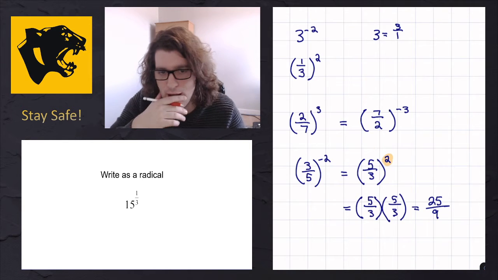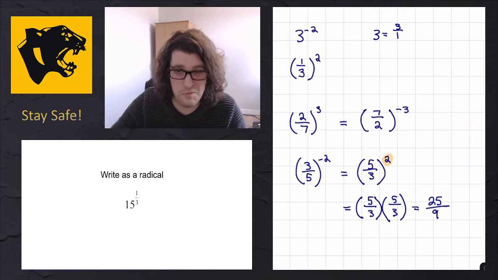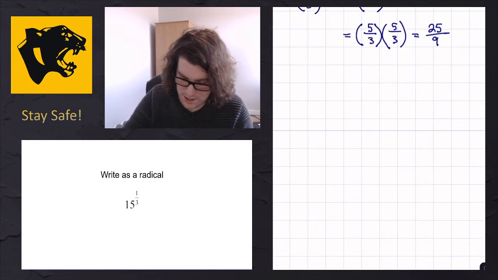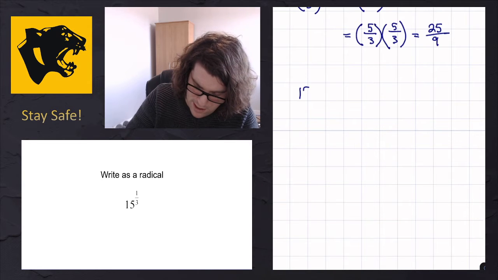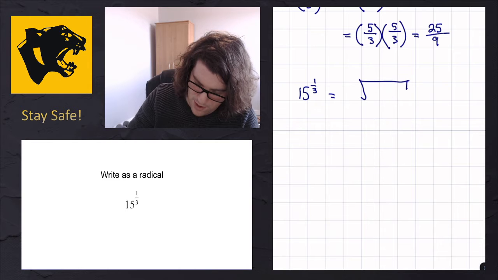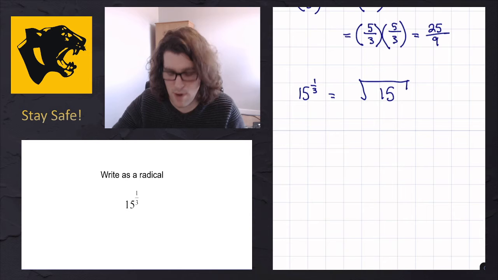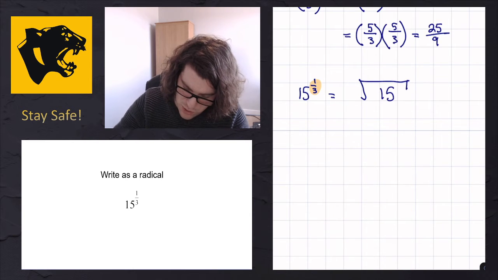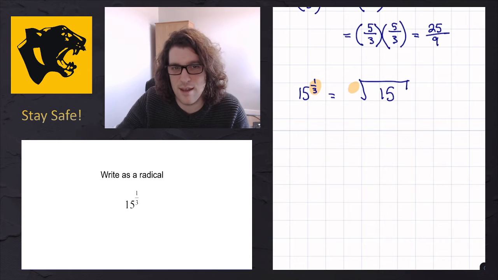So this one is asking us to write it as a radical. We won't be using that a whole lot right now, but that's okay. It's worth taking just a little bit of a look at as a reminder. So 15 to the 1/3 power is equal to, we're going to write it as a radical. The 15, that's the base on the exponent form, goes right inside. And this 1/3 power is actually what determines the index in this case.